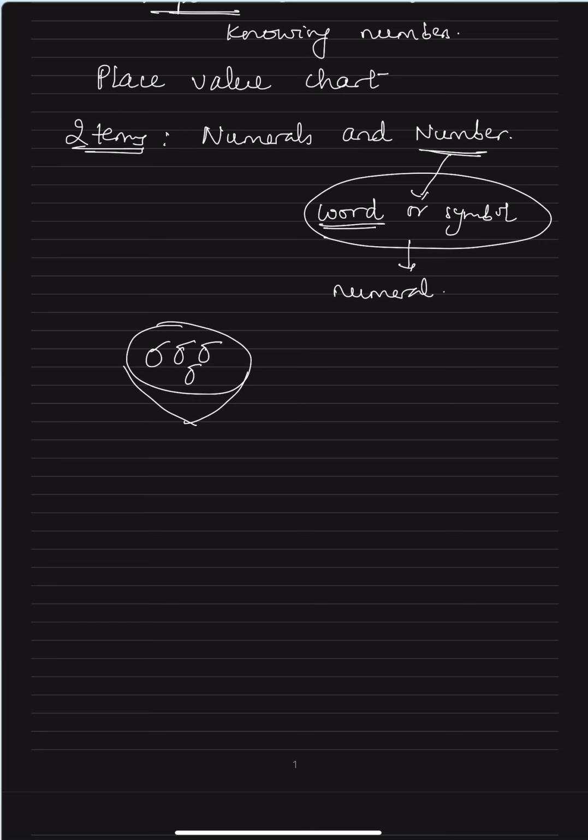Now I need to count it. 1, 2, 3, 4. This number 4 is now in my mind. I have to represent it in the form of a numeral. How will I represent it? Either I will write 4 apples in word form, or 4 has its own symbol. So this is the difference between numerals and a number.